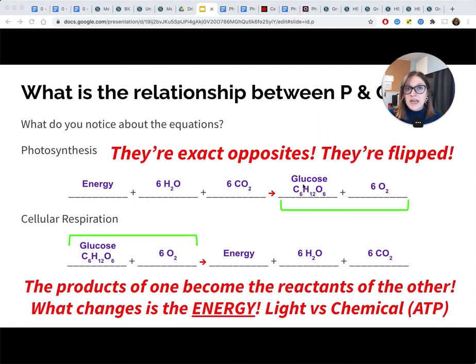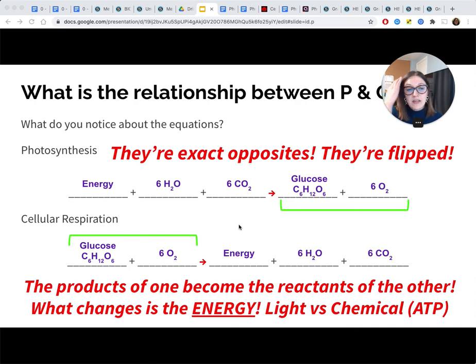What is made by the process of photosynthesis is what is required for the process of cellular respiration. The only thing that changes between these 2 equations is the type of energy that's used or produced. So for example, the energy that's used for photosynthesis is light energy. It makes sugar. Sugar goes into cellular respiration, and instead of making light, it makes ATP. So this is the thing that changes, but otherwise these equations have a lot to do with each other.